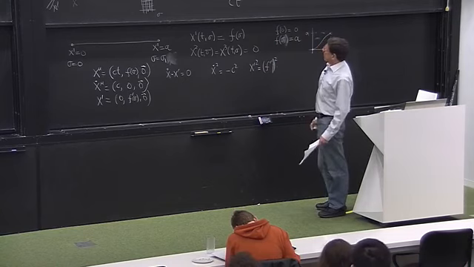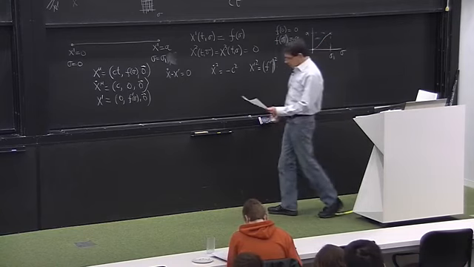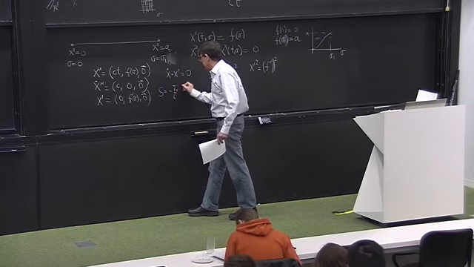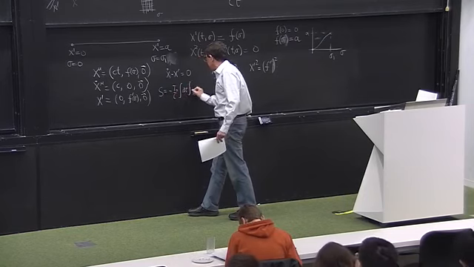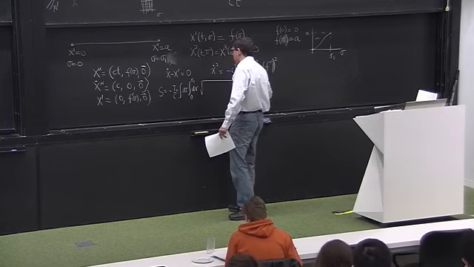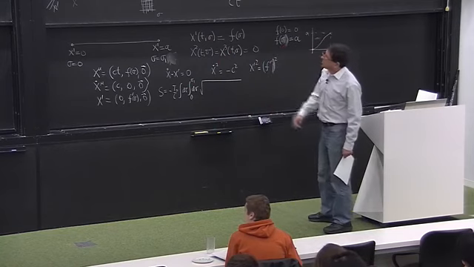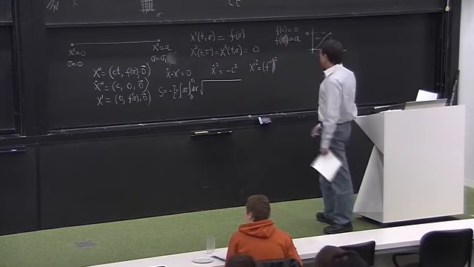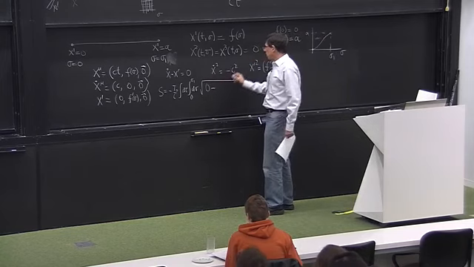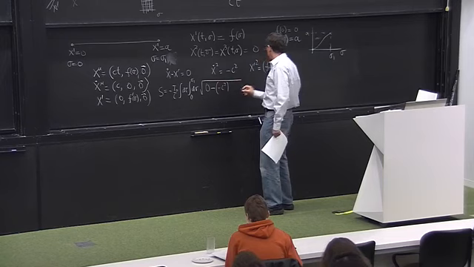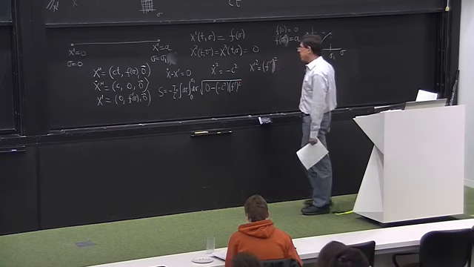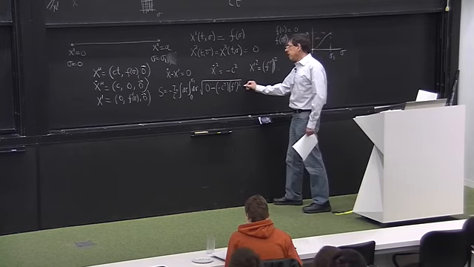So what is the Nambu-Goto action? S is equal to minus t0 over c integral d tau integral d sigma from 0 to sigma 1 square root. We have the action there still. X dot x prime is 0 minus x dot squared minus c squared, x prime squared f prime squared. So look how nice.